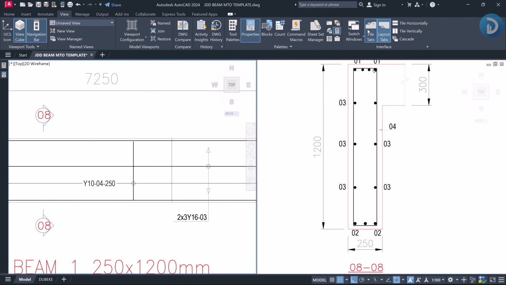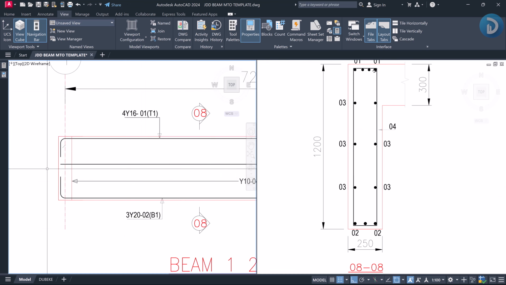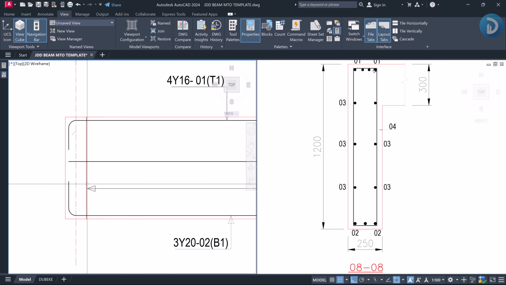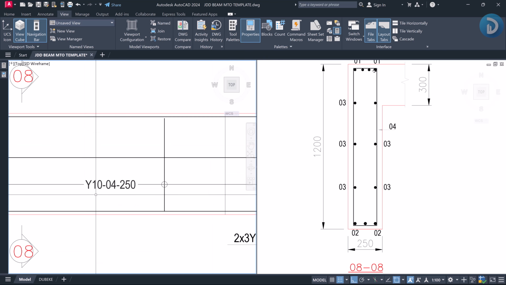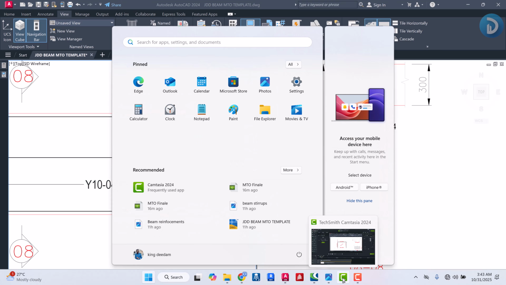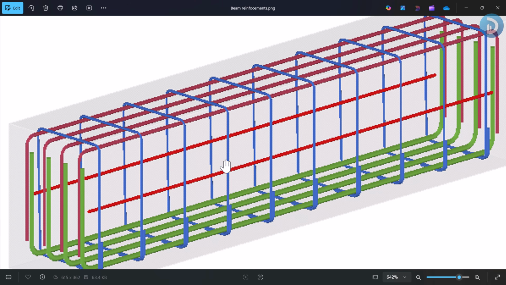So we have this to be our links having a bar mark of 04, and it runs from this point of the beam to this point of the beam, within a space of 250 millimeter, which is to say we have this reinforcement spaced at 250 millimeter.